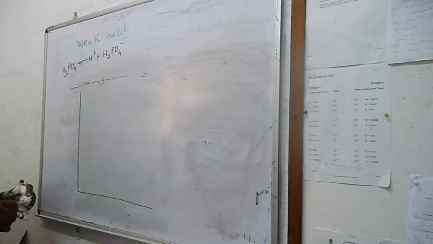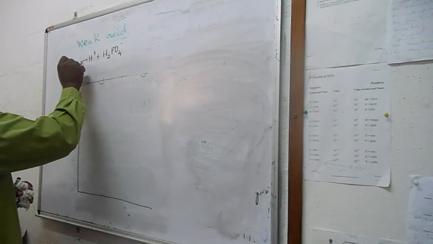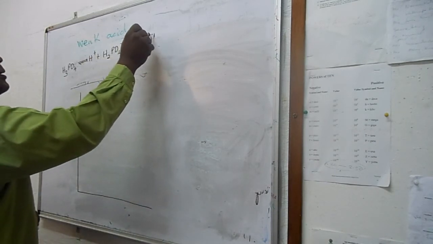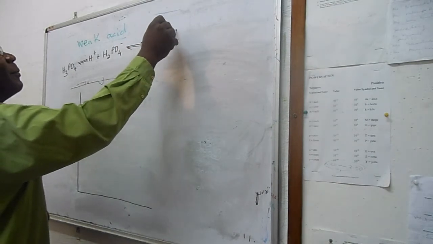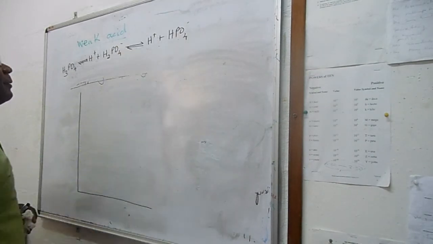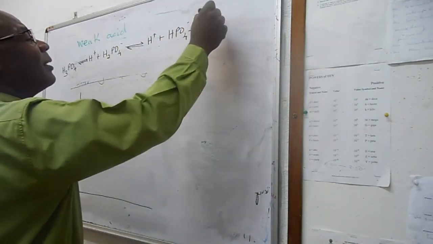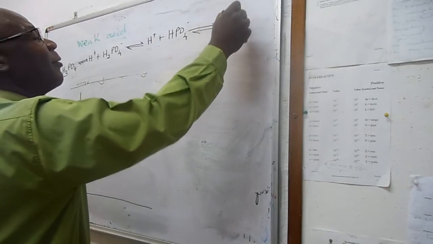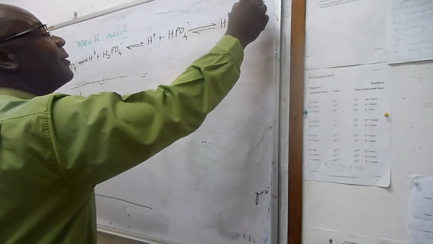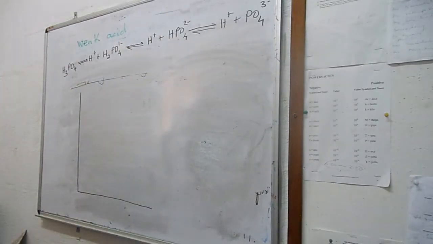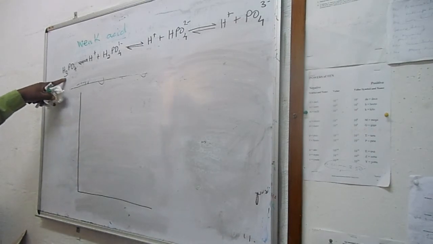This can also dissociate, losing 1 proton, remaining with 1 proton. Finally, this can dissociate also, losing the last proton that it has and forming phosphate ions. So we can see that phosphoric acid is triprotic.